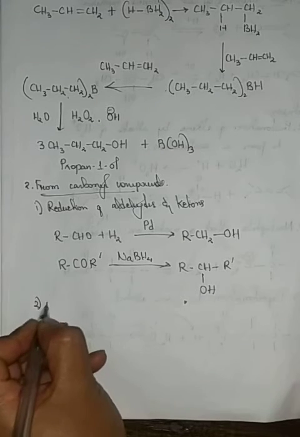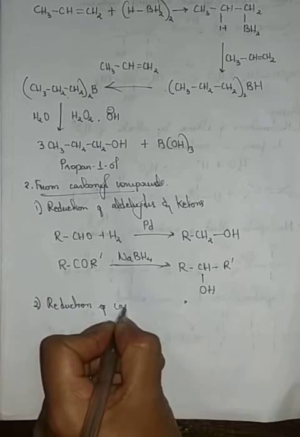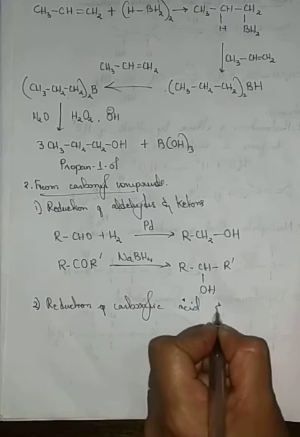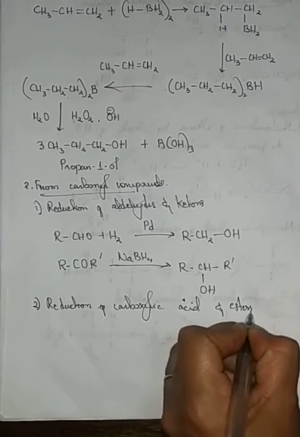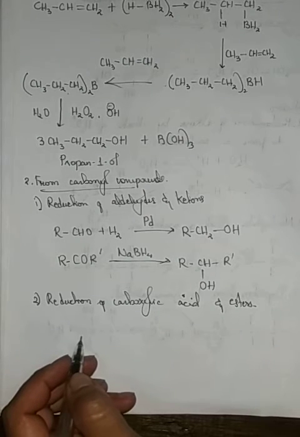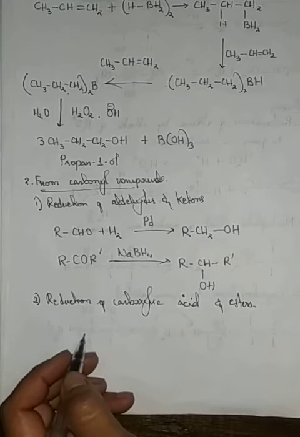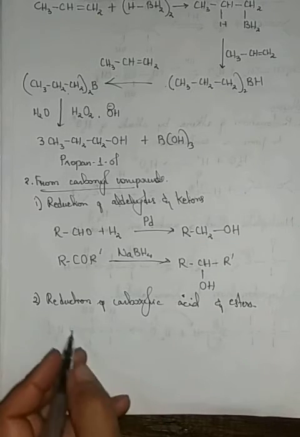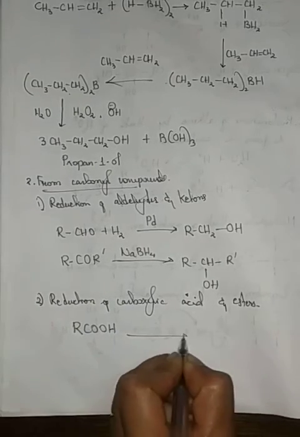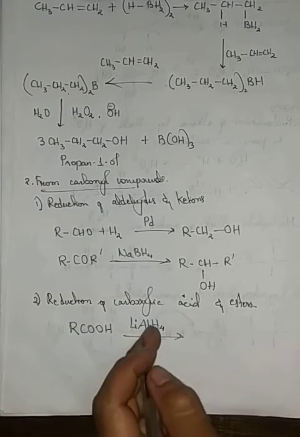Now let's check the second one, the reduction of carboxylic acids and esters. Carboxylic acids are reduced to primary alcohols in excellent yields by lithium aluminium hydride, which is a very strong reducing agent.